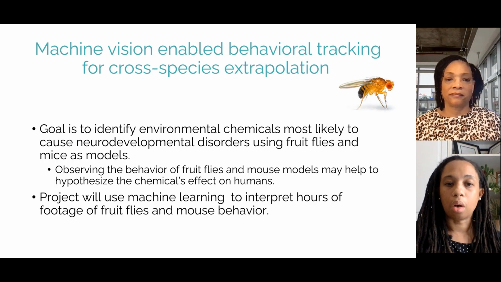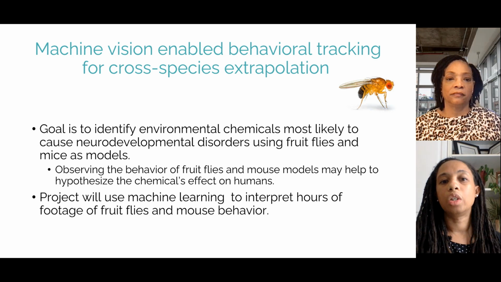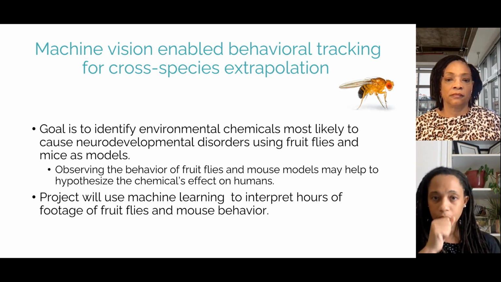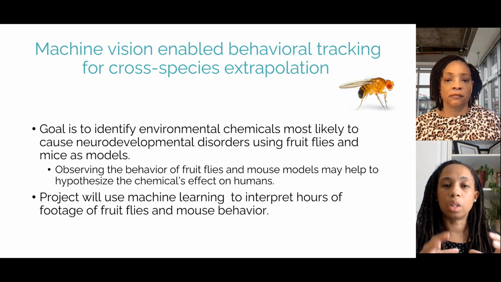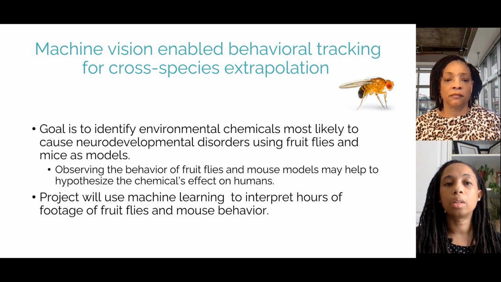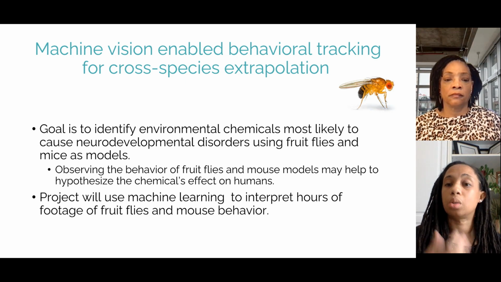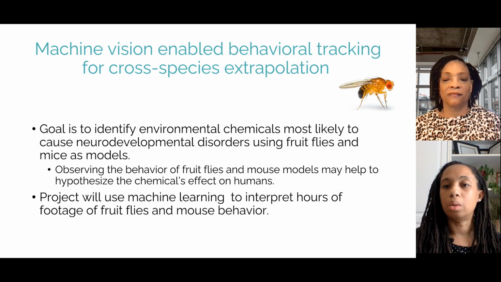Another study we're working on is machine vision enabled behavioral tracking across species. What we're doing here is trying to identify chemicals that are most likely to cause neurodevelopmental disorders. We're exposing a set of fruit flies to them and using AI to comb through all the data we extract from these studies.